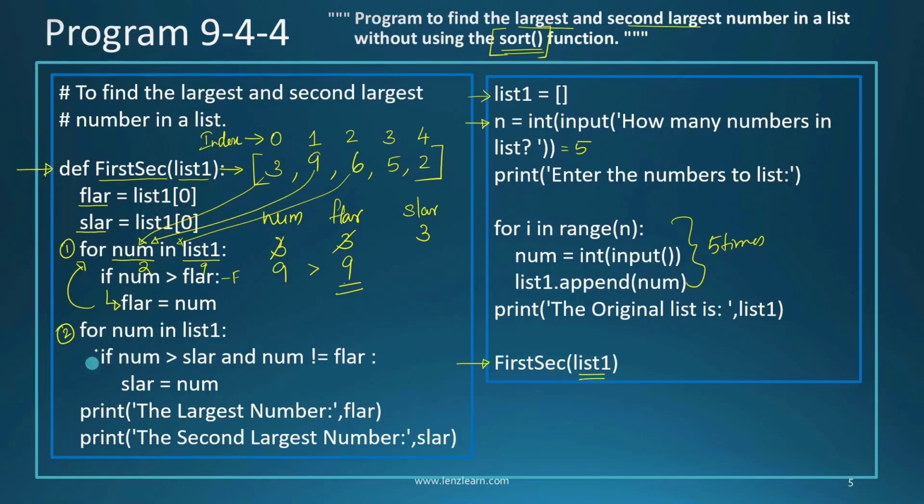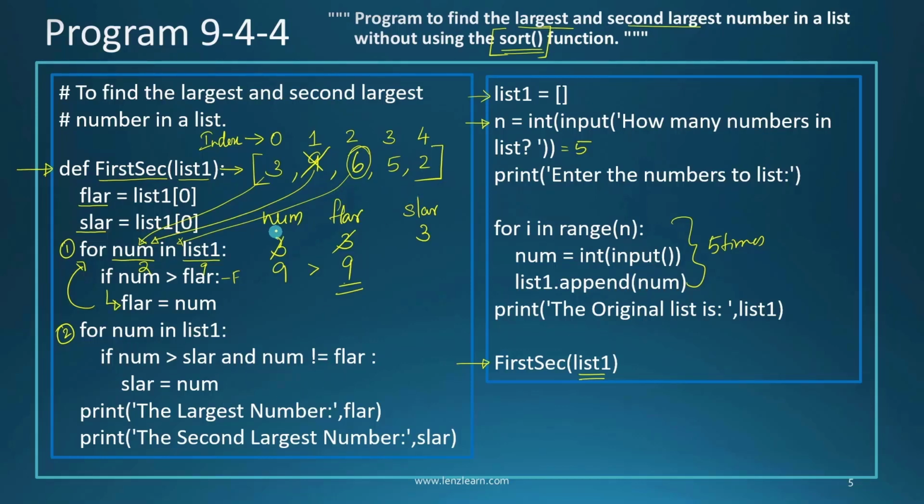So the logic of this for loop is that this if condition will work for all the numbers except 9. So it is as good as removing this 9 from this list and then finding out which is the largest element. Okay, so now we can see 6 will be identified as the largest element, and now we can print 6 is the second largest element.